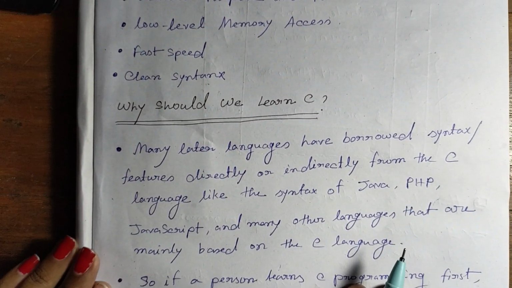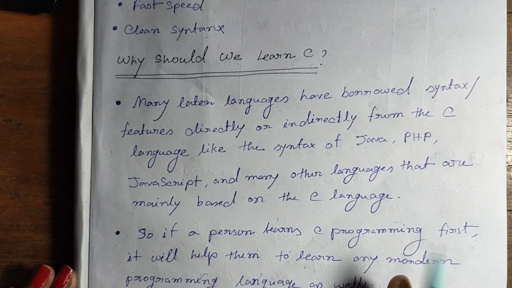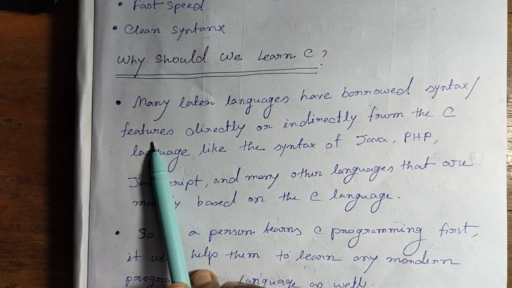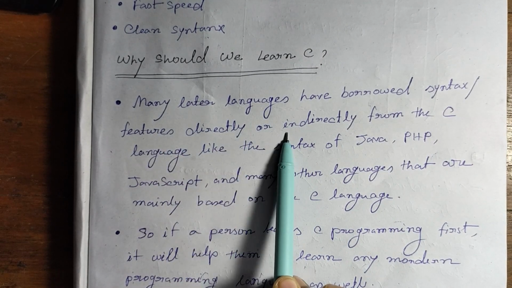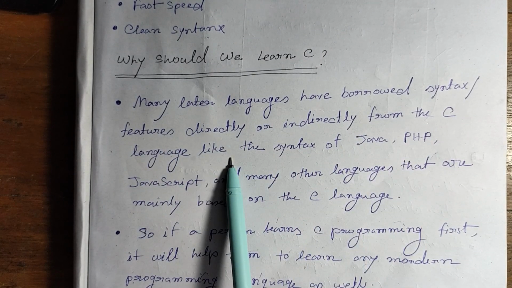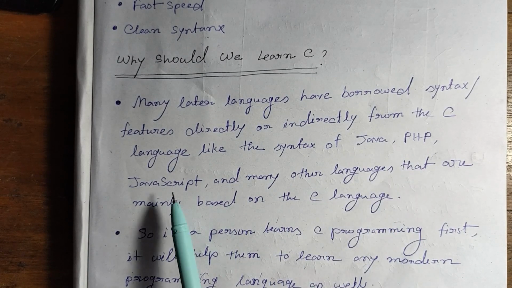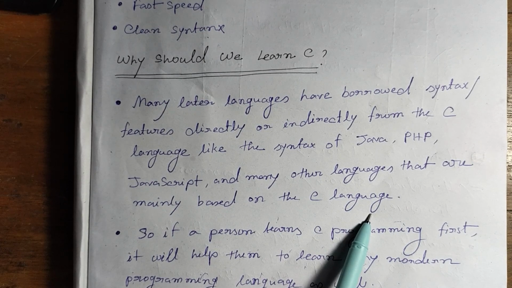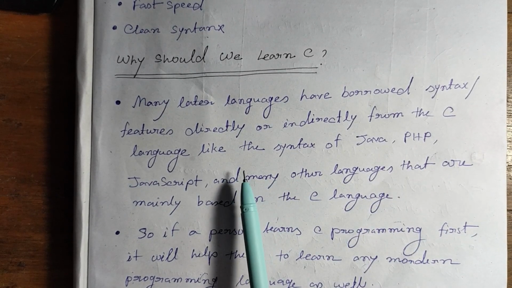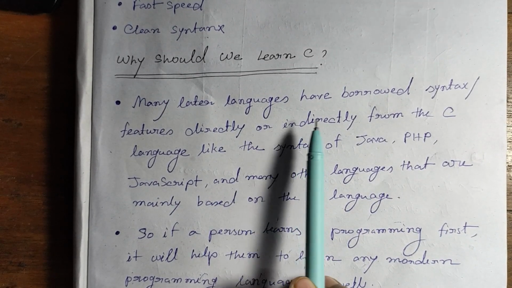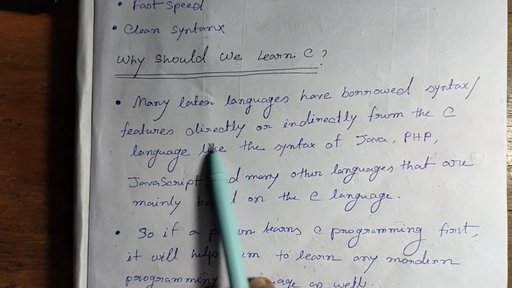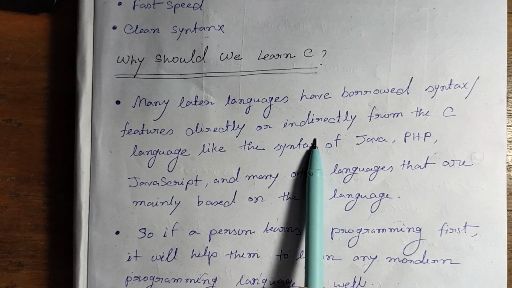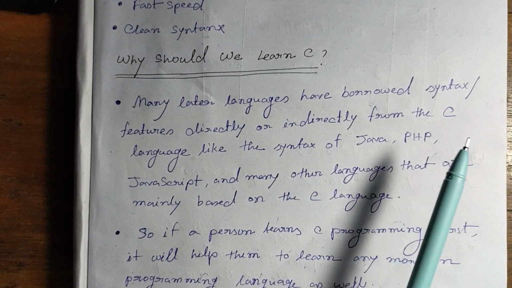So why should we learn C? Many languages have borrowed syntax features directly or indirectly from the C language, like the syntax of Java, PHP, JavaScript, and many other languages that are mainly based on C. So C language is the base of programming languages.